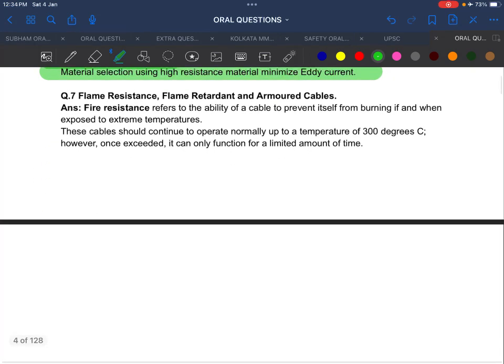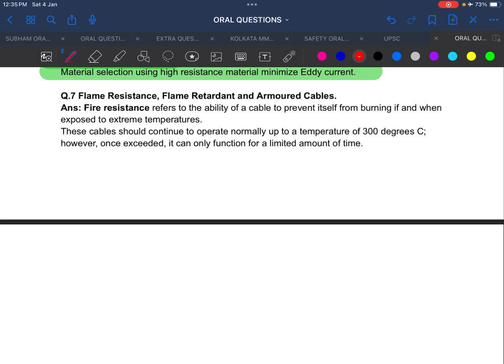Now go to the next question. What is flame resistance, flame retardant, and armor cable? Flame resistance cable is a very important cable used for emergency purposes. Suppose there is a fire in the vessel and everybody tries to escape, and there is a fire zone, and a cable passes through it supplying emergency machinery like steering gear.